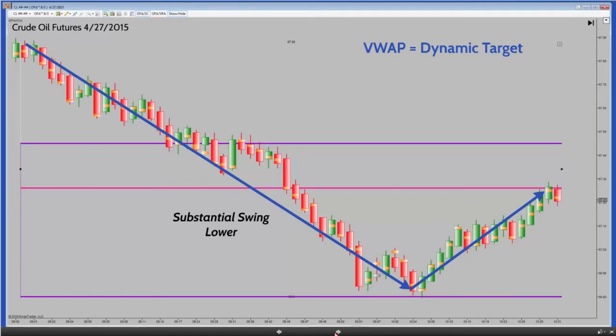So when we look at this trade in replay, you'll see how I use two profiles to manage a target and a stop. But for now, just note that we can use a mean reversion from a prior range as a target and maybe even a previous value area high as well.